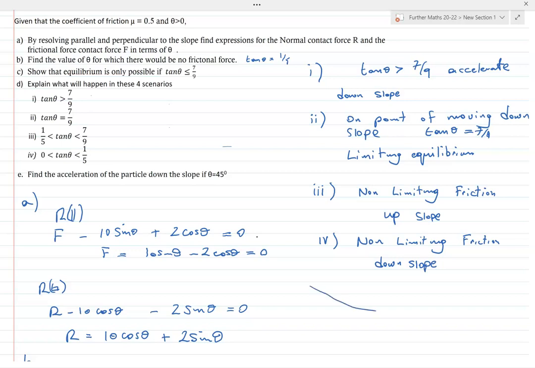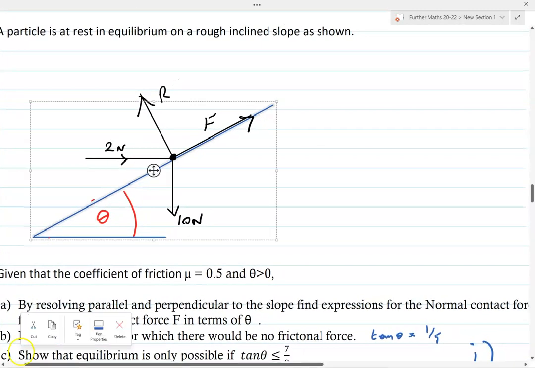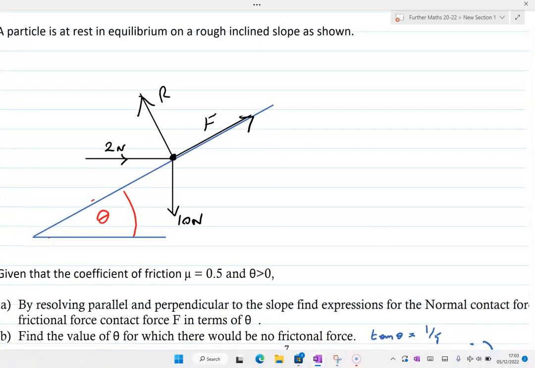Theta would have to be negative in that case for it to be on the point of moving down the slope, which would then be on the point of moving up the slope, but then it wouldn't be up a slope, it'd be down. So it's never with this rough surface. Remember, look at the actual numbers, they were chosen deliberately. Obviously it'd be quite different if this force were much more.